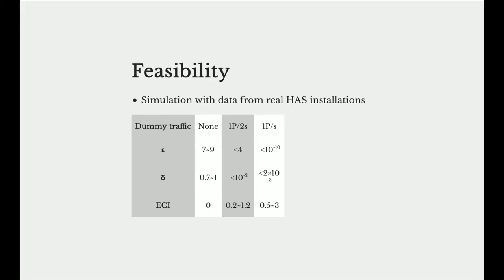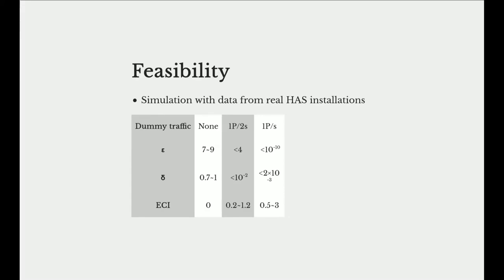The energy consumption increase was moderate. One system consumed about 20% more power than if no dummy traffic was used, and in one system where the difference was more significant, the energy consumption increased by 120%. So it was a little more than double the energy consumption in the case where no dummy traffic was used.